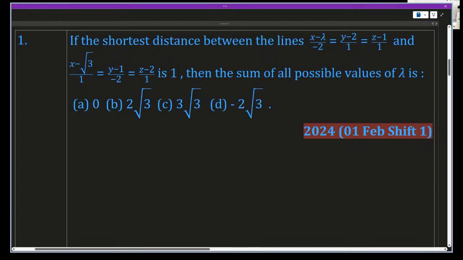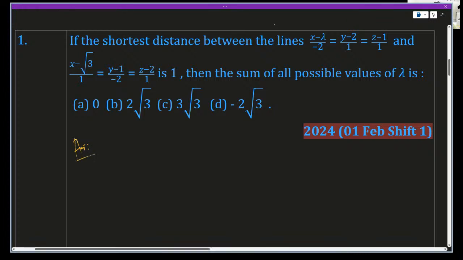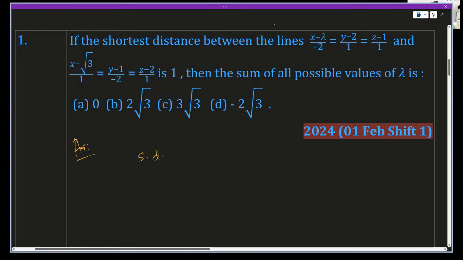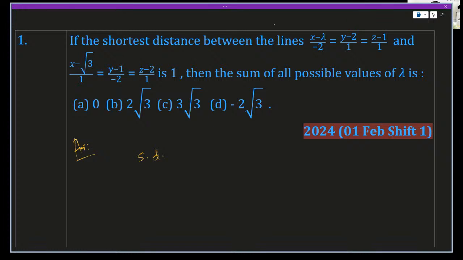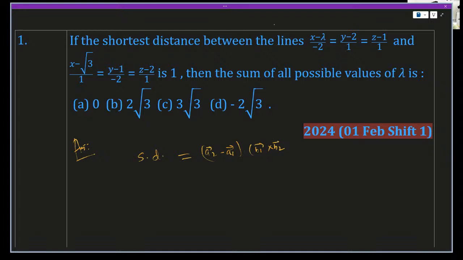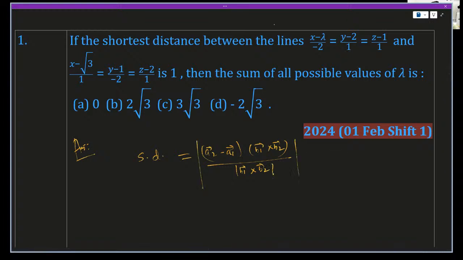See, the first one is on shortest distance only. First question is on SD. Personally, I prefer to convert the equation into vector form and then write SD between two non-intersecting lines by this formula: (A2 minus A1) dot (B1 cross B2) by mod of B1 cross B2, and distance can never be negative.